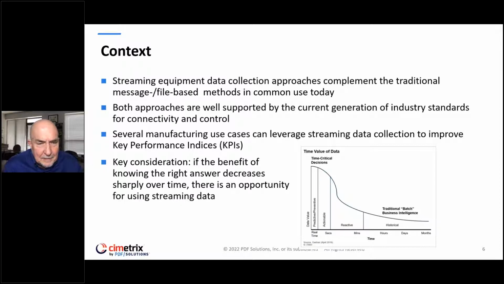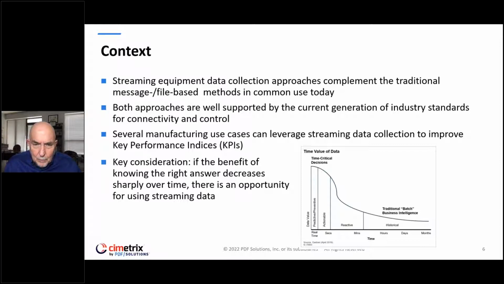And the question is, how do you determine what's an opportunity? Well, if the benefit of knowing the right answer decreases sharply over time, you may have an opportunity for using streaming versus batch data. I've borrowed a slide from a Gartner report that shows that kind of curve, the time value of data decreasing very steeply.